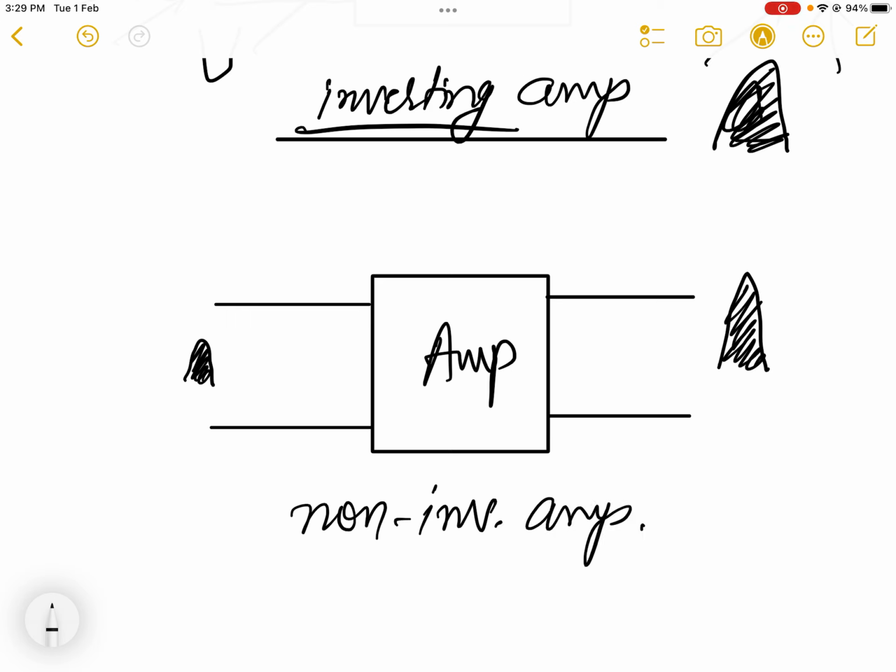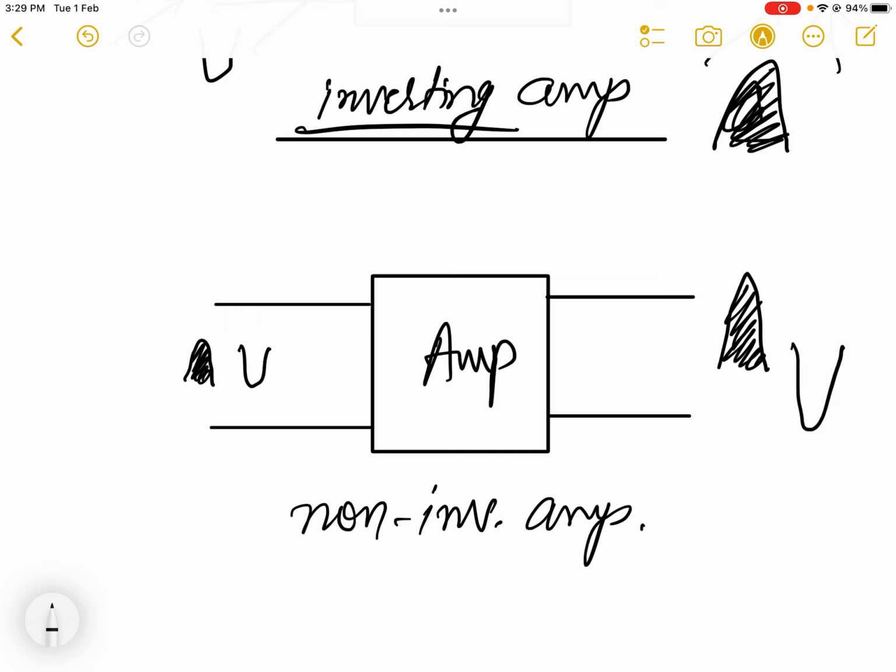So there are two types of amplifiers, inverting amplifier and non-inverting amplifier. If I apply a negative half cycle at the input, then at the output I will get negative half cycle like this. So in non-inverting amplifier circuit, the output follows the polarity of input.